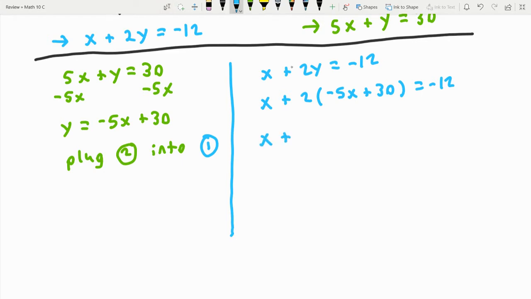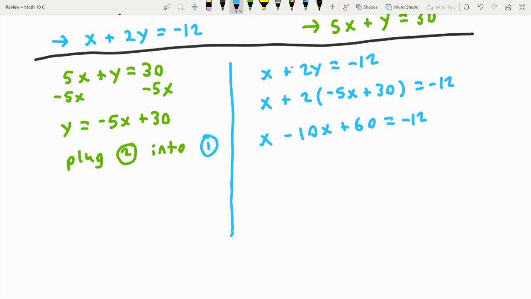X plus, okay, now 2 times negative 5x, that should be negative 10x actually. So I'm just going to change the signs right here. That's negative 10x. And 2 times 30 should be plus 60, so positive 60. And that equals negative 12.